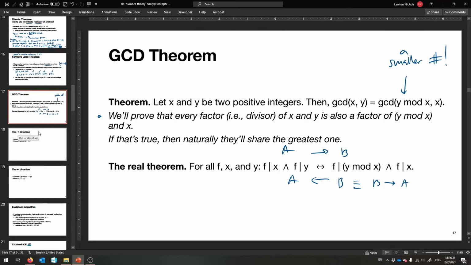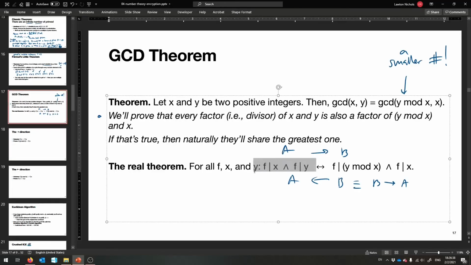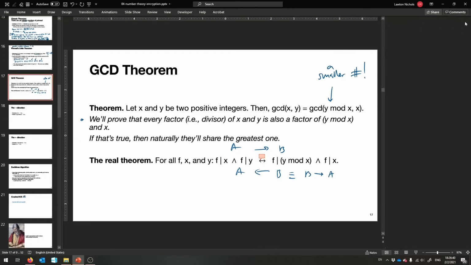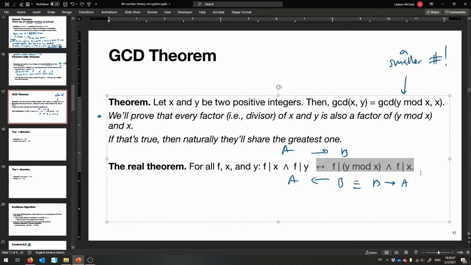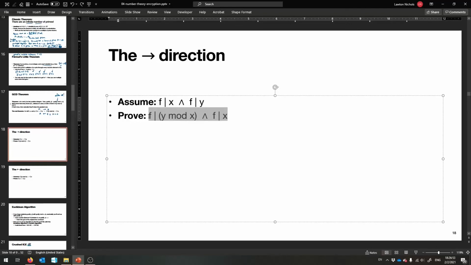Okay, so that's what we're going to prove. So let's do the left to right direction first. So we're going to assume the left side and prove the right side. Okay, prove this side over here. Are you ready? So we're assuming this stuff, and we're going to prove this stuff.